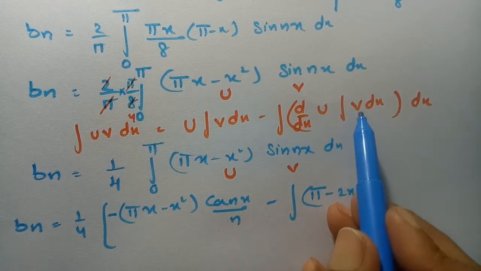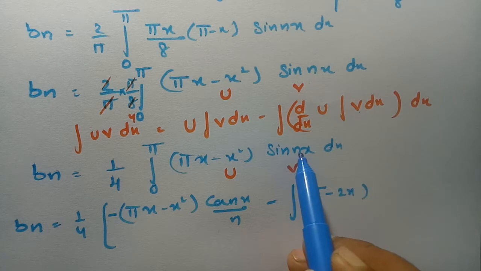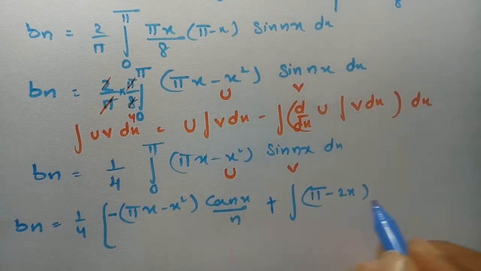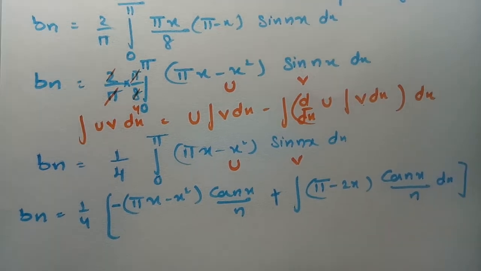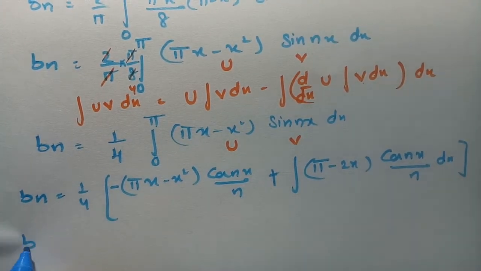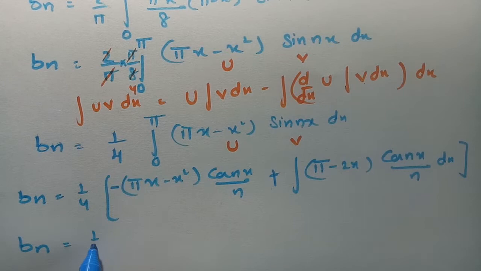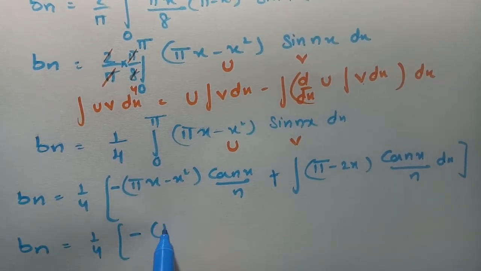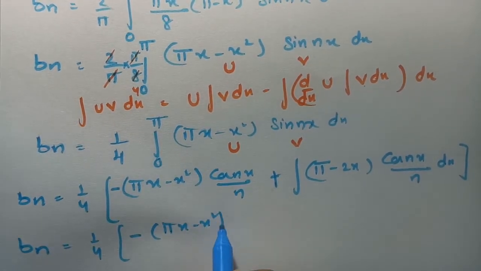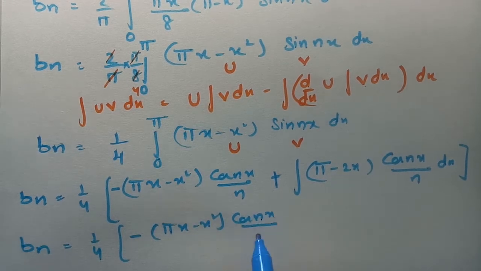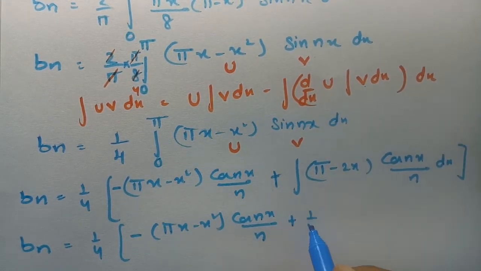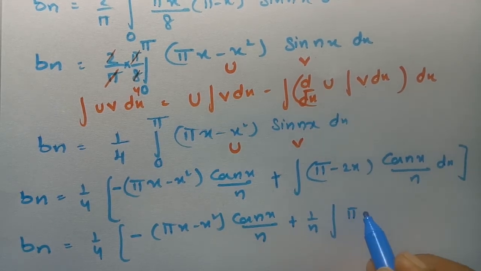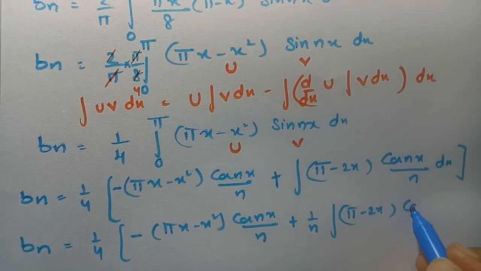And again we have to integrate v, so the integration of sine nx is nothing but minus cos nx by n of dx. So here bn is equal to 1 by 4 times of minus pi x minus x square cos nx by n. If I take this constant out, then this will be 1 by n times of integral pi minus 2x into cos nx of dx.